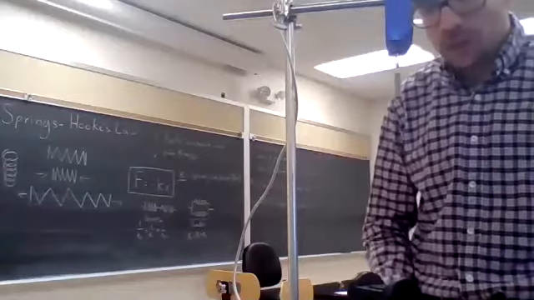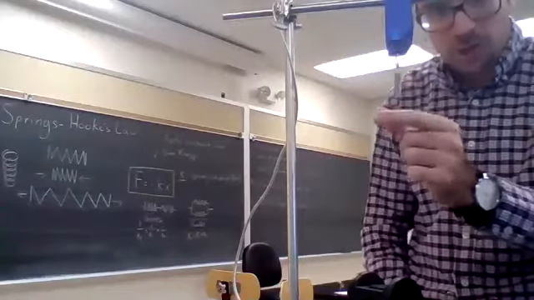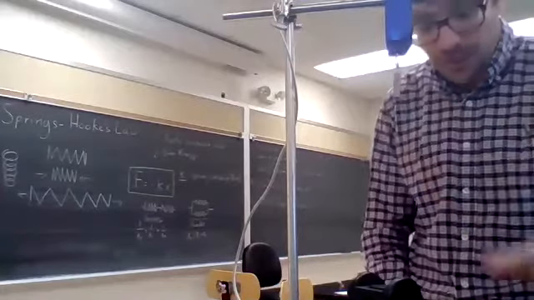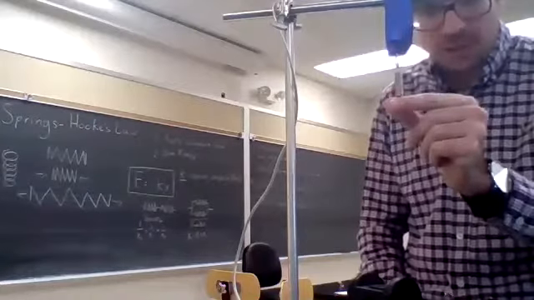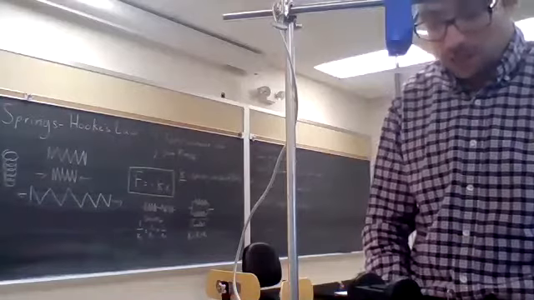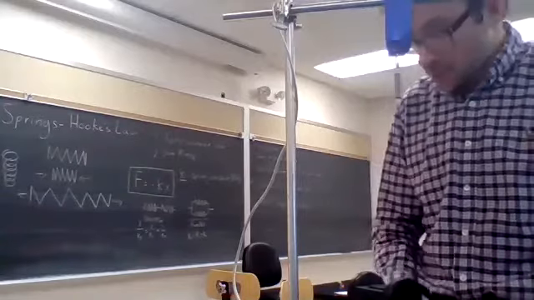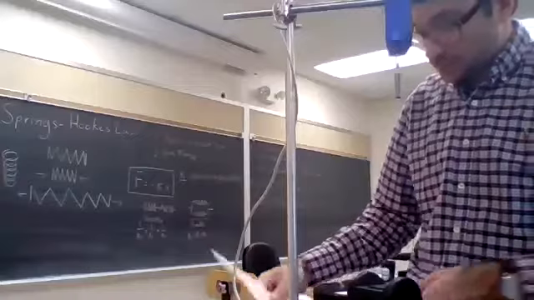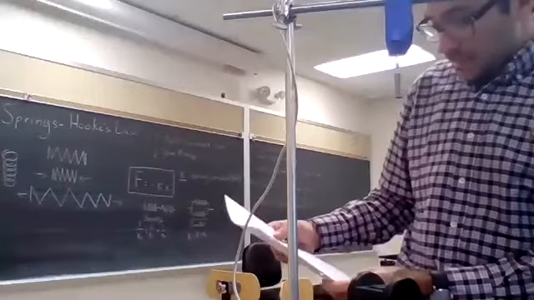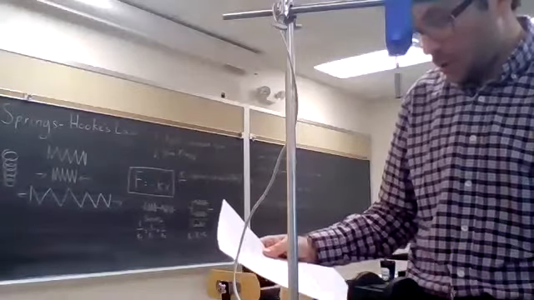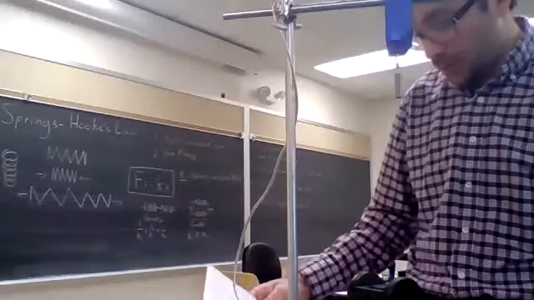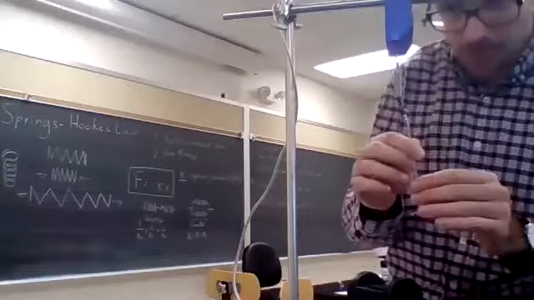So to start off, we've attached our first spring. Now we're assuming these two are identical. We've attached it to the force sensor, and we'll get started by, as it says, finding the theoretical spring constant K theo, and we'll suspend the mass holder from the spring.